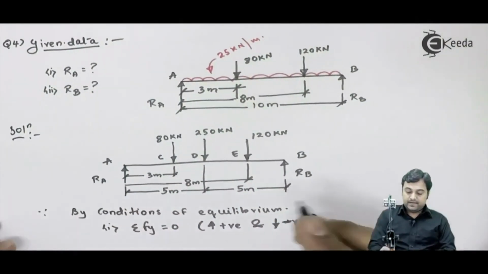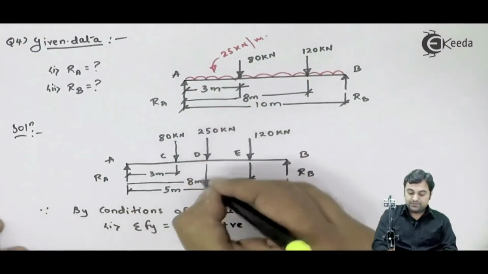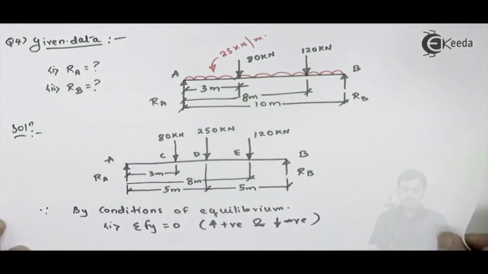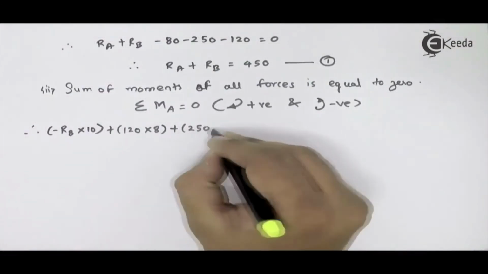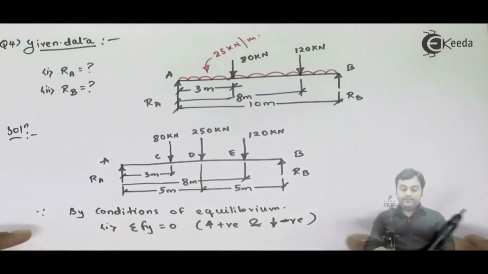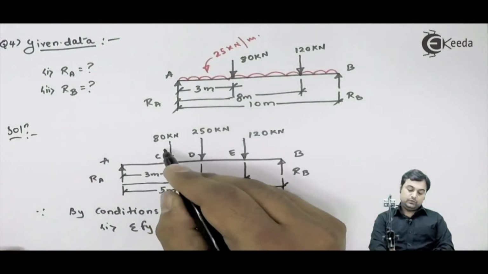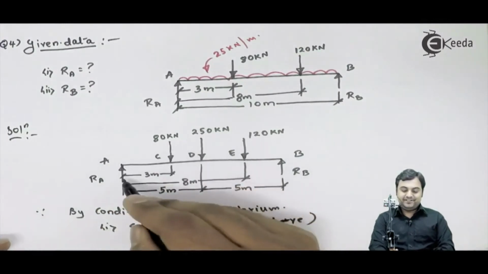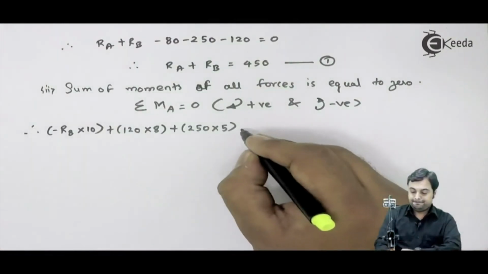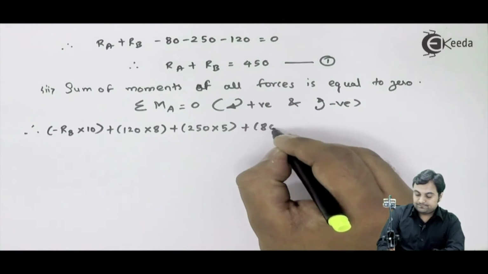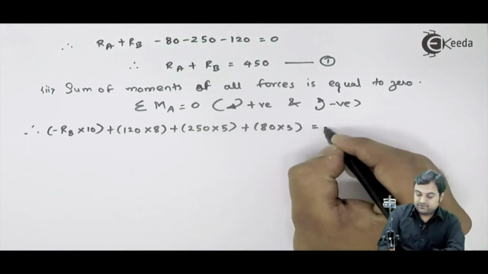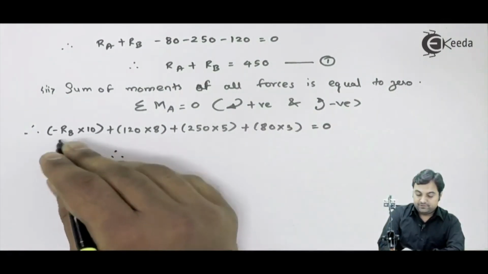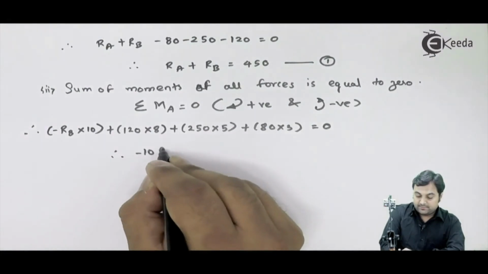It is at a distance of 5 meters, so plus 250 into 5. 80 kilonewton is acting downward, so it will produce clockwise moment, so positive, plus 80 into 3, that's equal to 0. Therefore, here I have minus 10 RB.